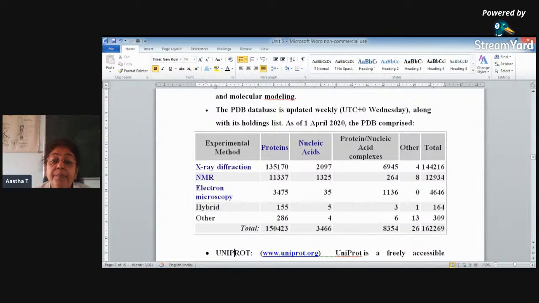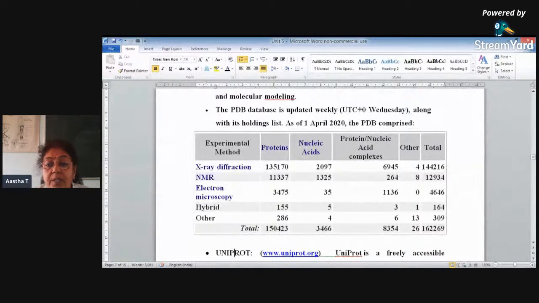So totally, how many proteins have been reported by X-ray diffraction in PDB, or they are available in PDB? That is 1,44,260. By NMR, 11,337 proteins structures have been studied, and that data is available in PDB. Nucleic acids 1,325, complexes 264, and other 8.